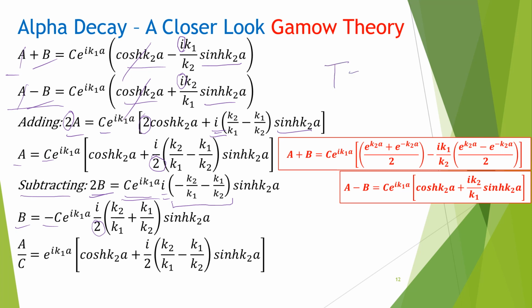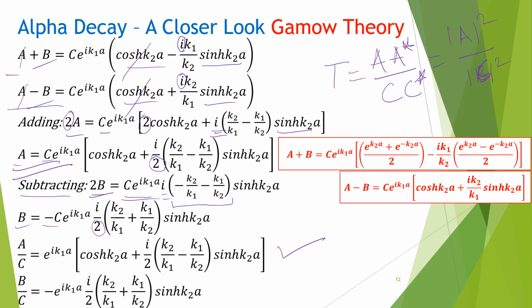Transmission coefficient expression I am going to write as A into conjugate of A divided by C into conjugate of C. So here you can look at this expression for mod A square upon mod C square. This type of transmission coefficient I want to write, and to make it I need A upon C. So I have rearranged this expression for A by C.